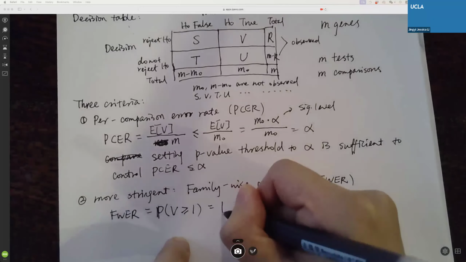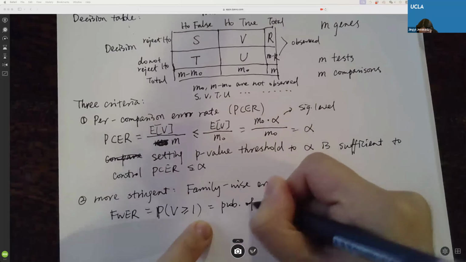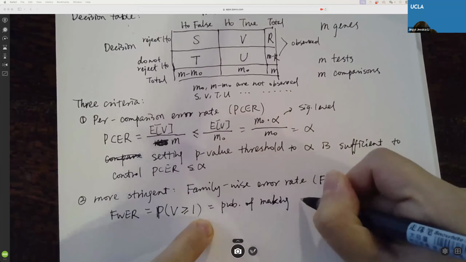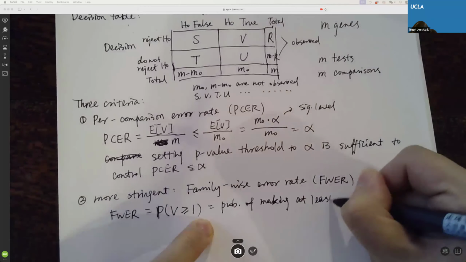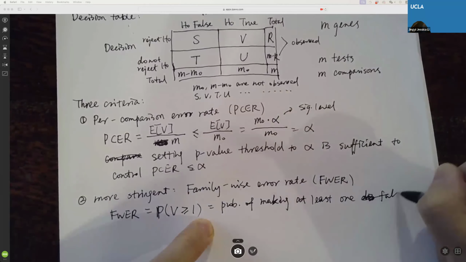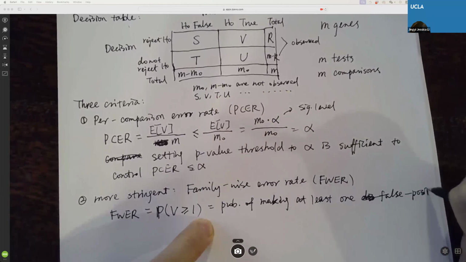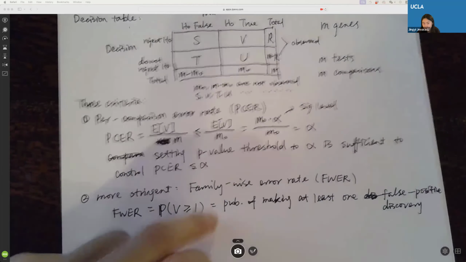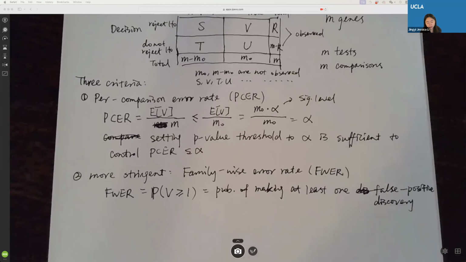So it is the probability of making at least one false positive discovery. Basically, in our case, for DE genes, it means that out of your DE gene list, there is at least one gene that's a false positive. It's very stringent, but how do we control it?